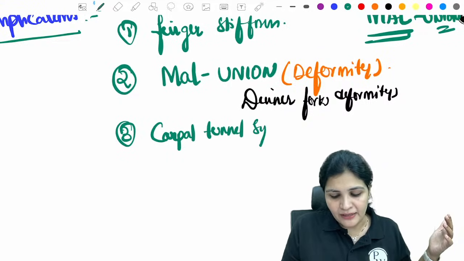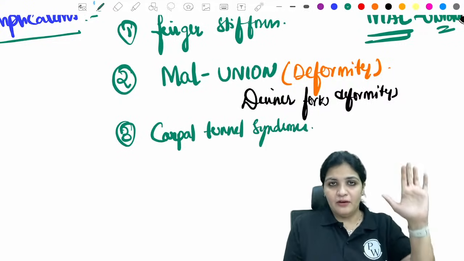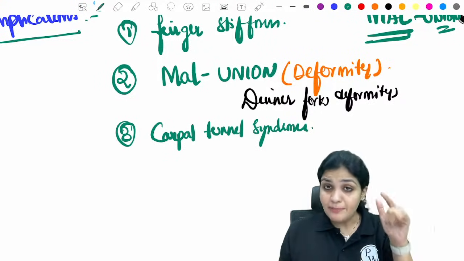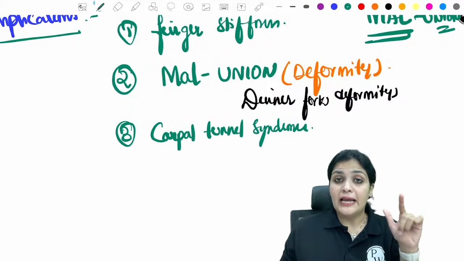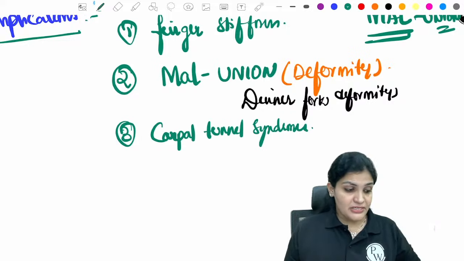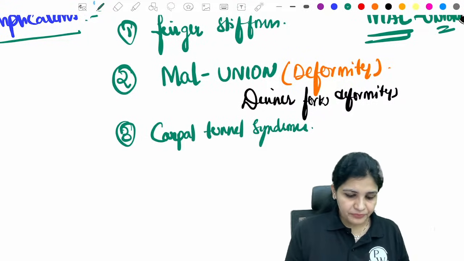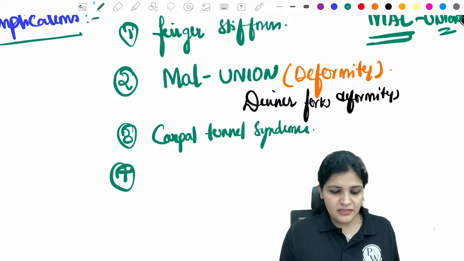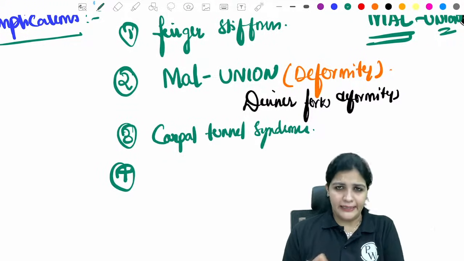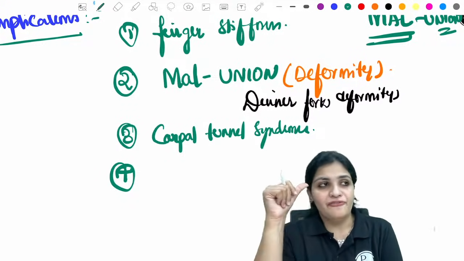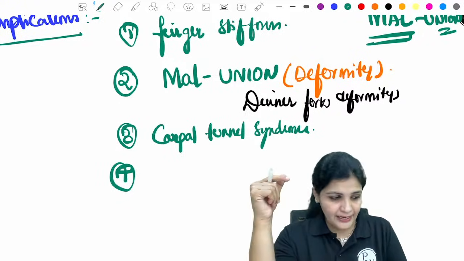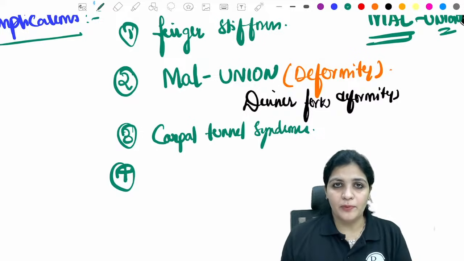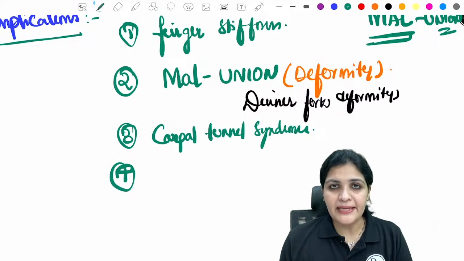Now going back to your anatomy, the median nerve, where is the median nerve present? Exactly where the Colles fracture is happening, right? So sometimes this patient might land up with carpal tunnel syndrome, which is irritating your median nerve. And the fourth one is, can somebody guess again?